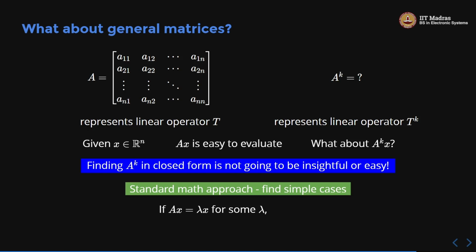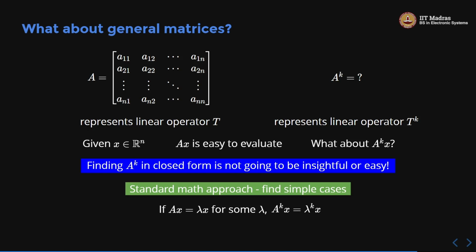If Ax equals lambda x for some lambda, then I'm going to argue finding A power k x is very, very easy. If x is invariant under A, if x does not vary when A applies on it, so Ax becomes lambda x, then A power k x is trivial to do. Why is that?